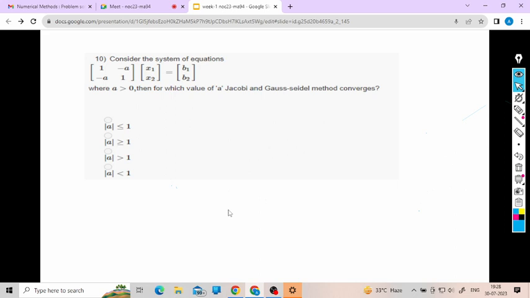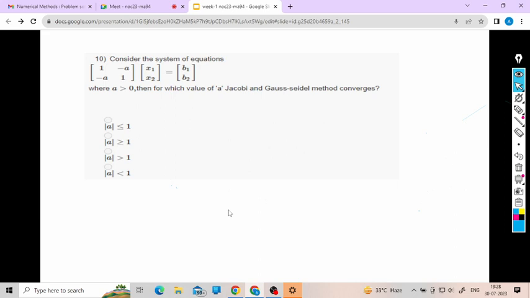There is a formula for iterations through which you get the values, like x(k+1) at the (k+1)th iteration. For Gauss-Jacobi we have minus D inverse into (L plus U) plus D inverse into B. You get the first iteration, then calculate the second iteration.